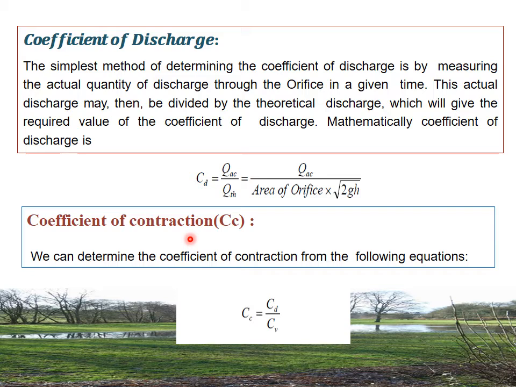Mathematically, coefficient of contraction Cc equals area of jet at vena contracta by area of orifice. Measuring the area of the jet at the vena contracta is a bit difficult, as it requires a lot of time and patience. So we can determine the coefficient of contraction from the following equation: Cc equals Cd by Cv.